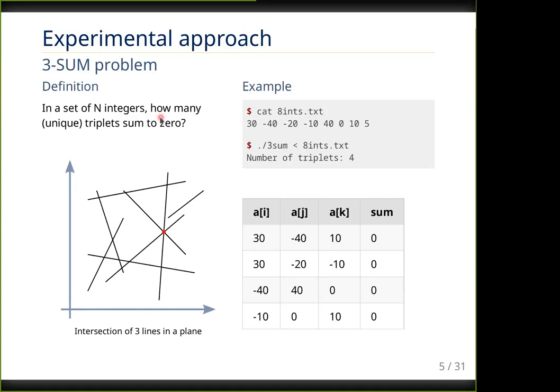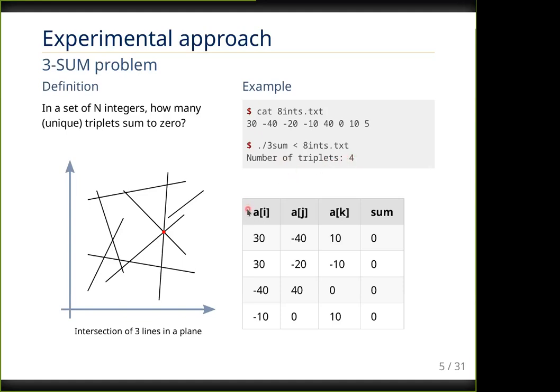Here is an example. Imagine I have a file with 8 integers: 30, minus 40, minus 20, minus 10 and so on. The threesome will determine which triplets, which sets of 3 values, sum to 0. In that case, we have 4 of those triplets.